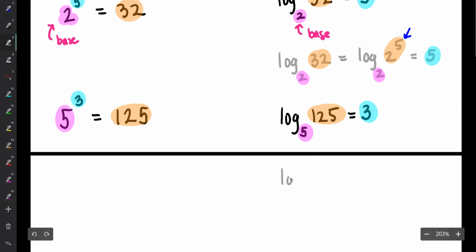I'm just going to do a little scratch to convince ourselves this does make sense. Log base 5 is going to take in a perfect power of 5, that 125, and spit out the exponent. 125 is equal to 5 cubed. Log base 5 is going to take in that power of 5 and just spit out that exponent. Oh yes, this does make some sense.